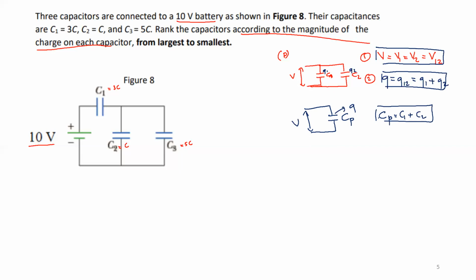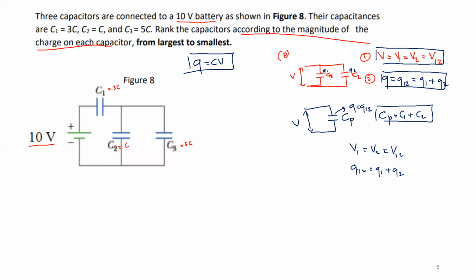Let's demonstrate it again because, you know, it's straightforward, but let's demonstrate it again. You know that for each capacitor, the charge is CV. So here I have two capacitors in parallel. As you see, V1 is equal to V2 is V12. And Q12, which is the total charge Q, is just Q1 plus Q2.